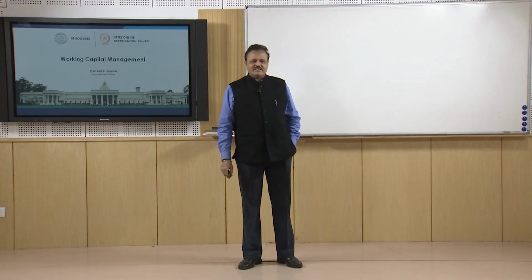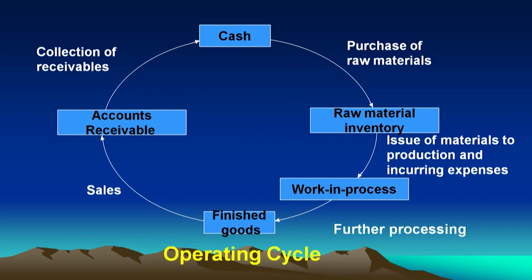This is the operating cycle. If you see the operating cycle, we are in the first stage, starting with the cash. Cash is used to purchase the raw material, and then that raw material goes to the store and is called raw material inventory. Then we issue that raw material to the production process, and along with the raw material and other expenses, we start processing that material.